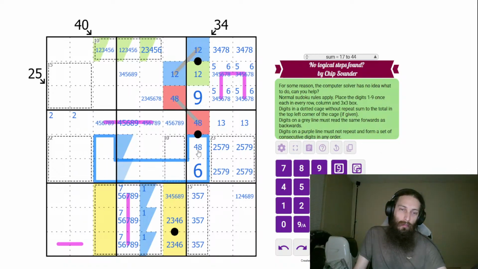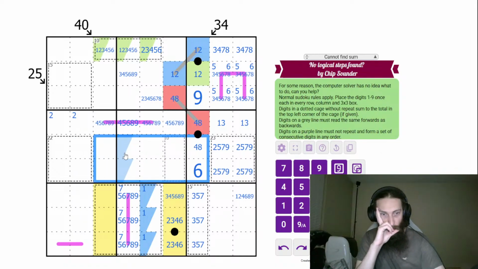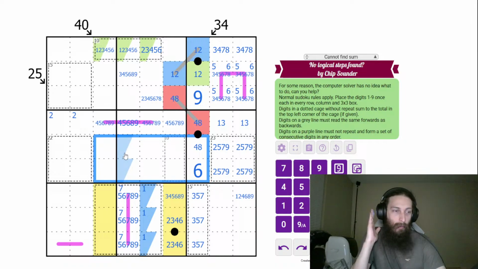I mean, you said this is 45 in 10 cells. So that means there's at minimum one duplicate.